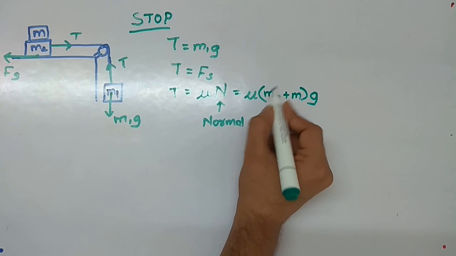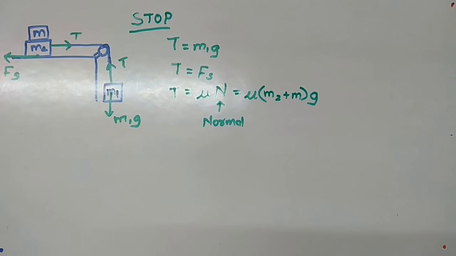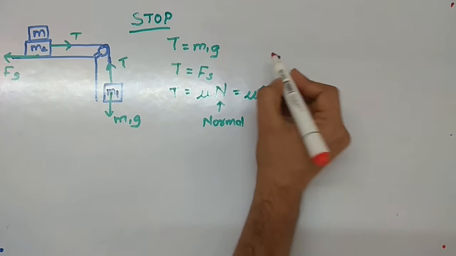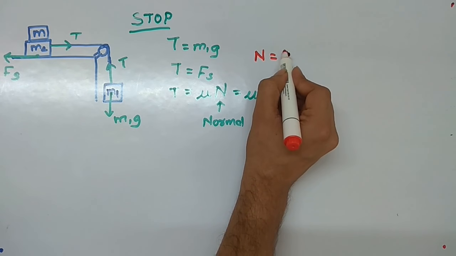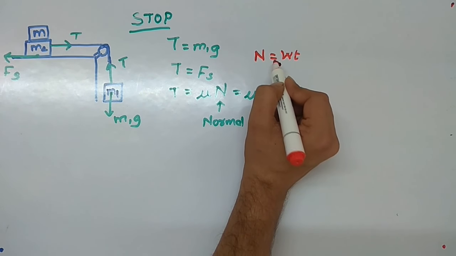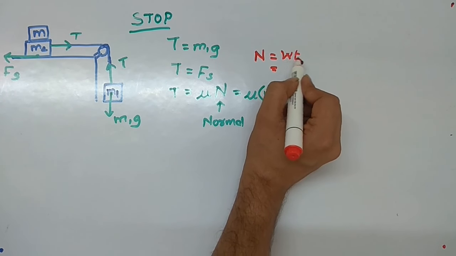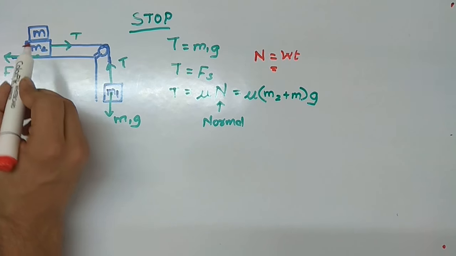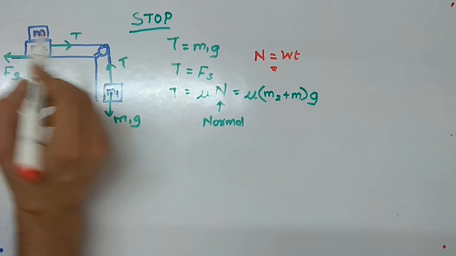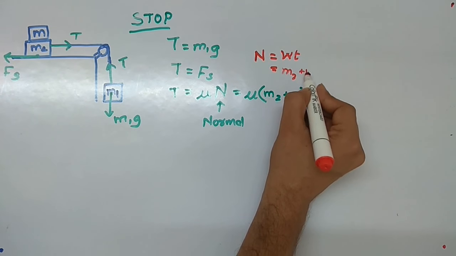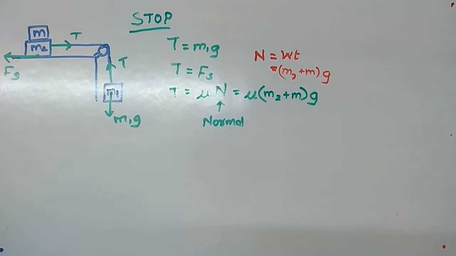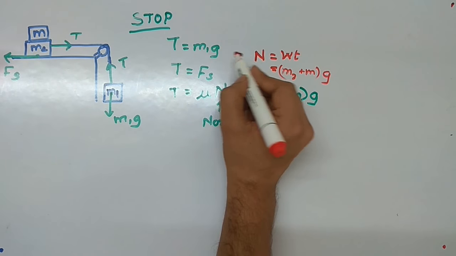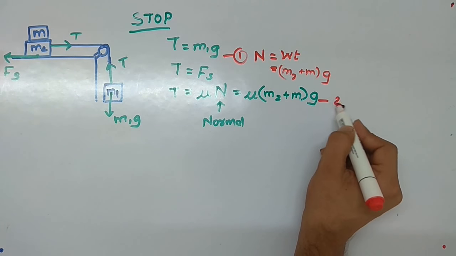If anyone is confused here, I will again say that normal reaction is nothing but the weight of the object. For this horizontal position, the total weight of this object is m2 plus m into gravitational acceleration g. So take this as equation 1 and this as equation 2.